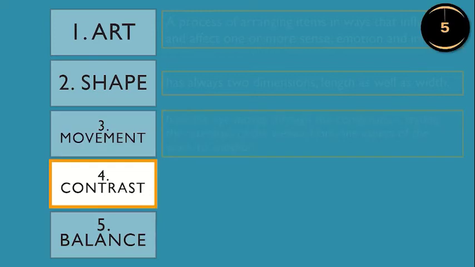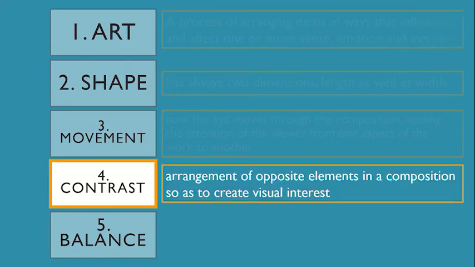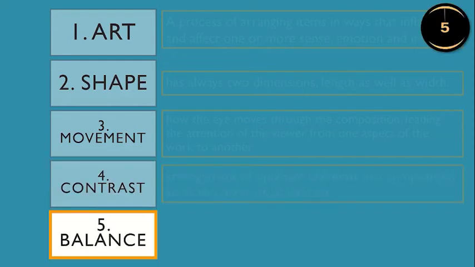Let's have number 4, contrast. You have 5 seconds. Time is up. Contrast is an arrangement of opposite elements in a composition so as to create visual interest. Let's have number 5, our last item, balance.